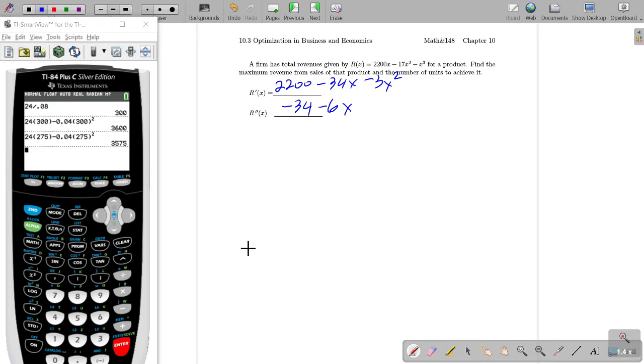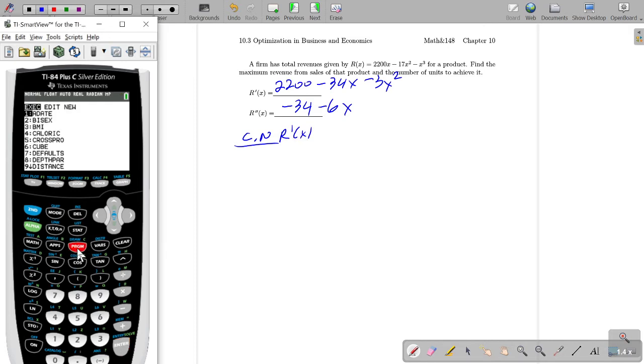So we're going to use the critical numbers for R prime, and that would be program alpha 9, quadratic, enter data.